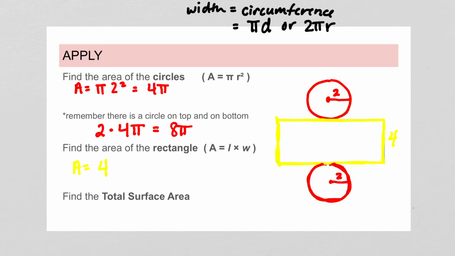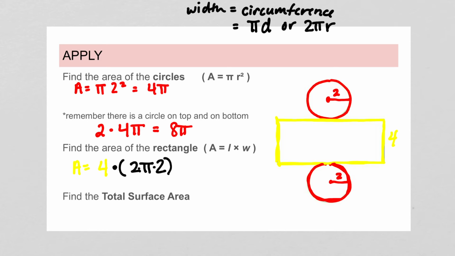We know that the width is the same thing as the circumference because it's rolled up. And circumference is pi times diameter. But without having to figure out the diameter, let's think of it as 2 of the radii, because we know that the radius is 2. So that's 2 times pi times 2.